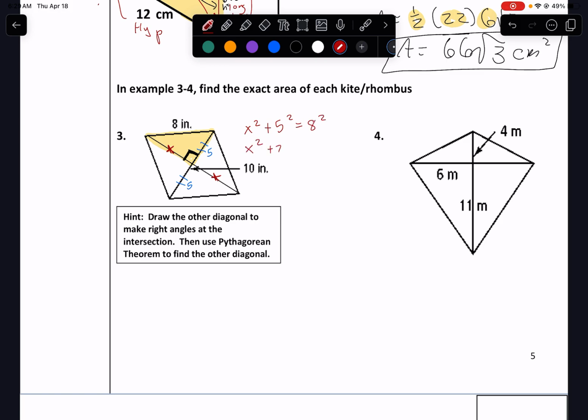So x squared plus 25 equals 64. 64 minus 25 is 39. And then to undo a square, we square root. I want to figure out if this square root is going to simplify. 39 divides by 3 and 13. Both of those are prime numbers, so I'm just going to leave that as the square root of 39.